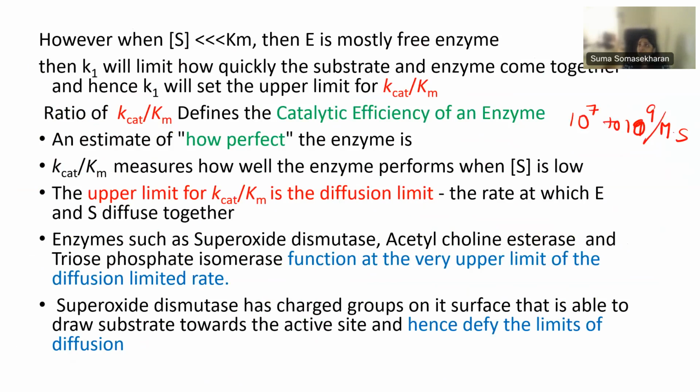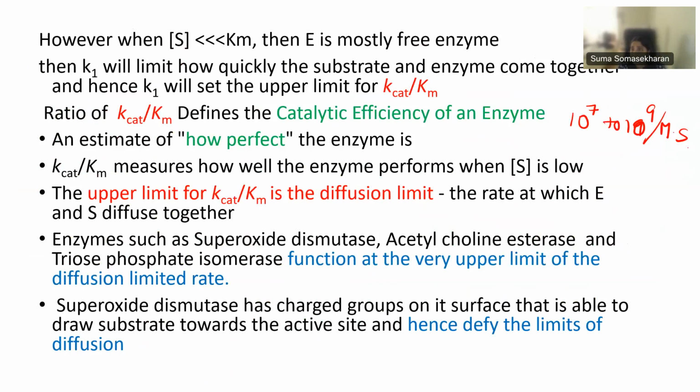That is the diffusion limited rate for a range of substrates, from really small substrates to really large substrates. The maximal rate that can be obtained for the diffusion of the substrate to the active site of the enzyme is in the range of 10 to the power 7 to 10 to the power 9 per molar second. This is something that has been determined experimentally.